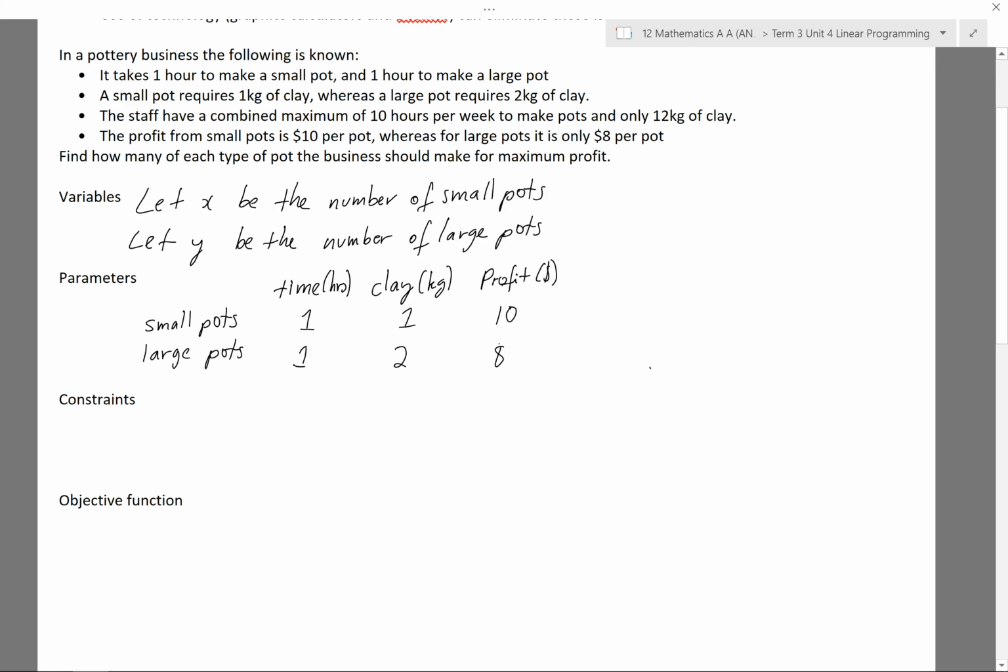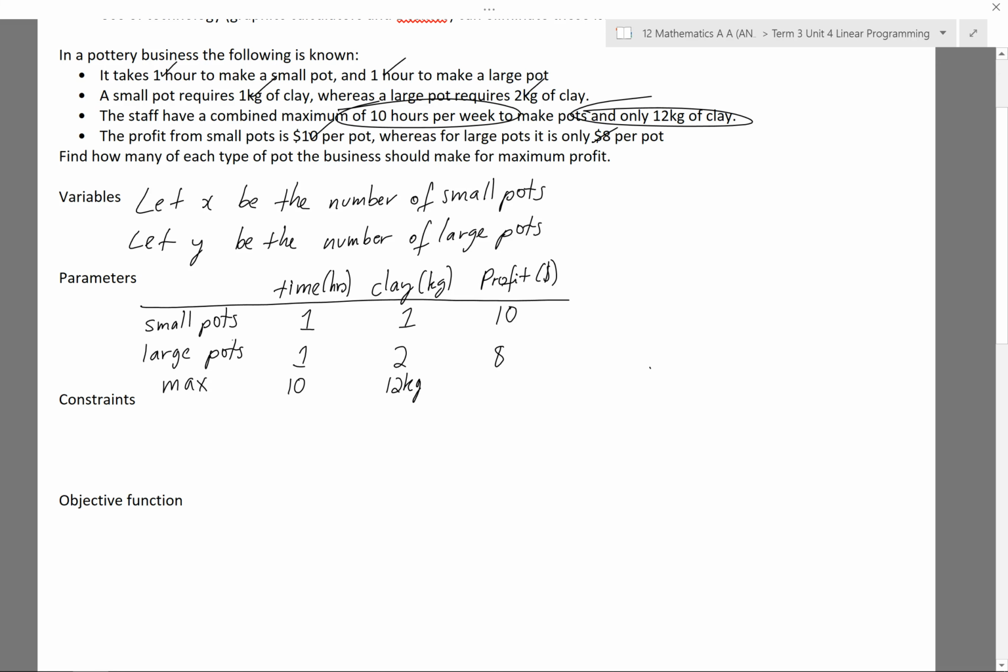It's a good idea when you're doing these to tick off all the information that you've used. Use these hours, use this clay, use the profit. The information that I haven't considered is the maximum 10 hours per week and the maximum 12 kilograms of clay. I'm going to show that in here. Maximum 10 hours and maximum 12 kilos.